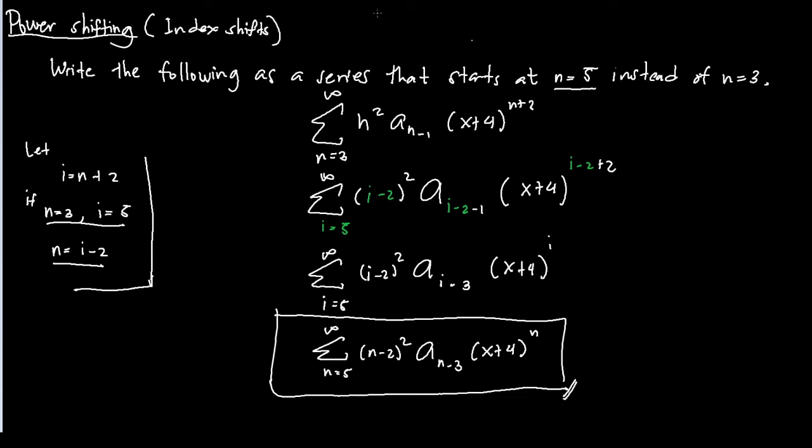So we have two components that we need to change, the index and the power series, right? If you add something to the index, you have to subtract the same value from the power series. Alternately, if you subtract something from the index, then you have to add something to the power series. And let's do that without having to define the variable here.